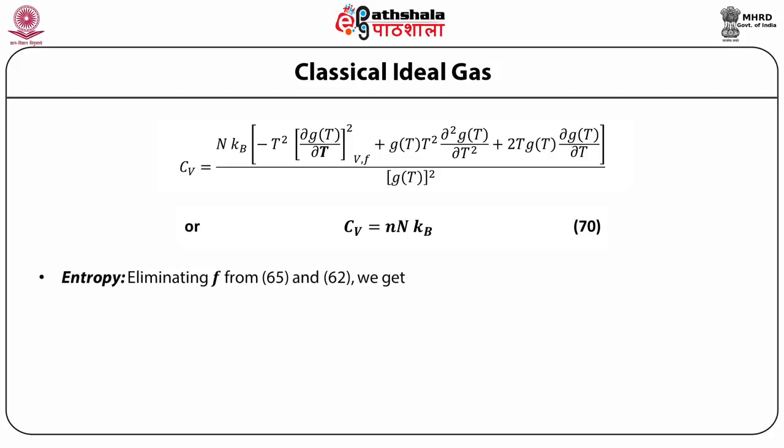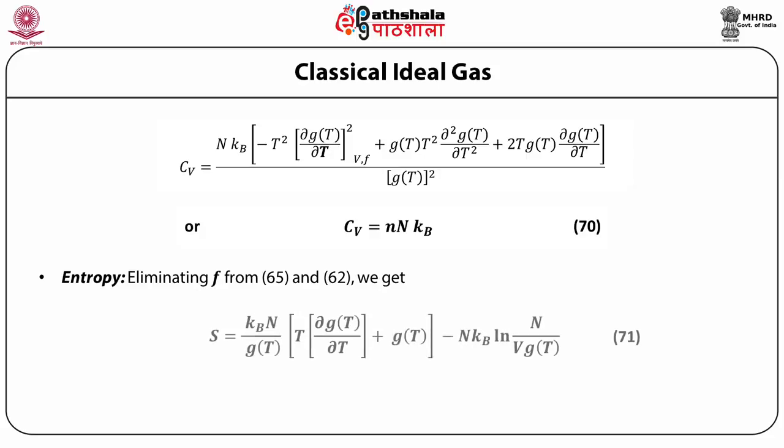Entropy can also be obtained by eliminating fugacity from 65 and 62. We get S is equal to kB N divided by G(T) multiplied by T times partial derivative of G(T) with respect to T plus G(T) minus N kB log of capital N divided by volume multiplied by G as a function of T. One can see that it is an extensive quantity.